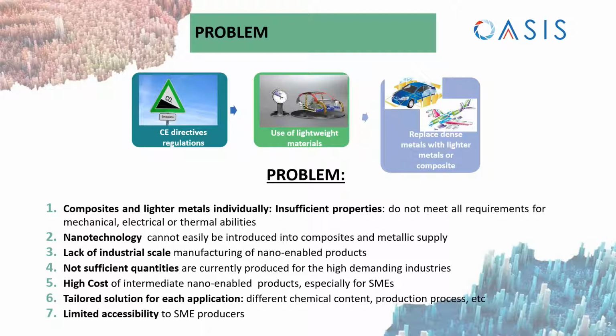So nanotechnologies and all the materials that are introduced in a final application have to show different chemical content and different production processes, which makes it quite difficult to introduce multifunctionality in composite and metallic parts.